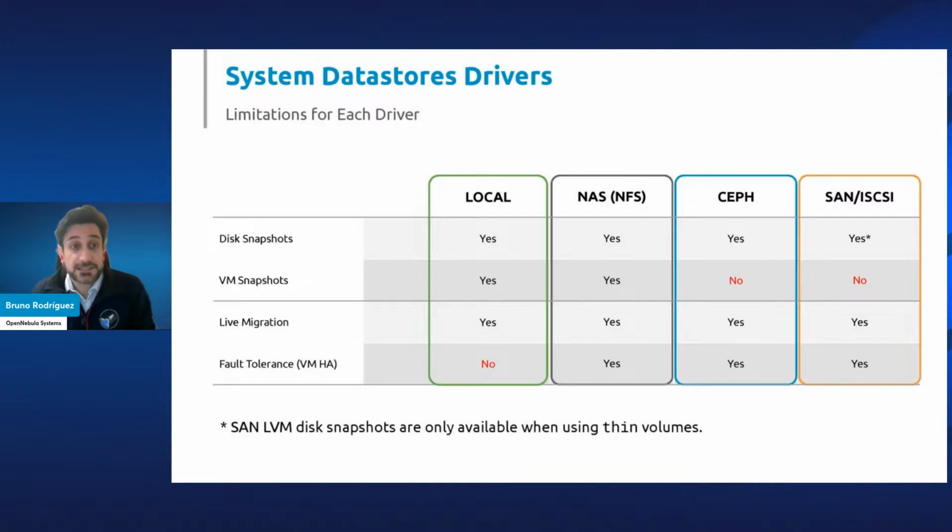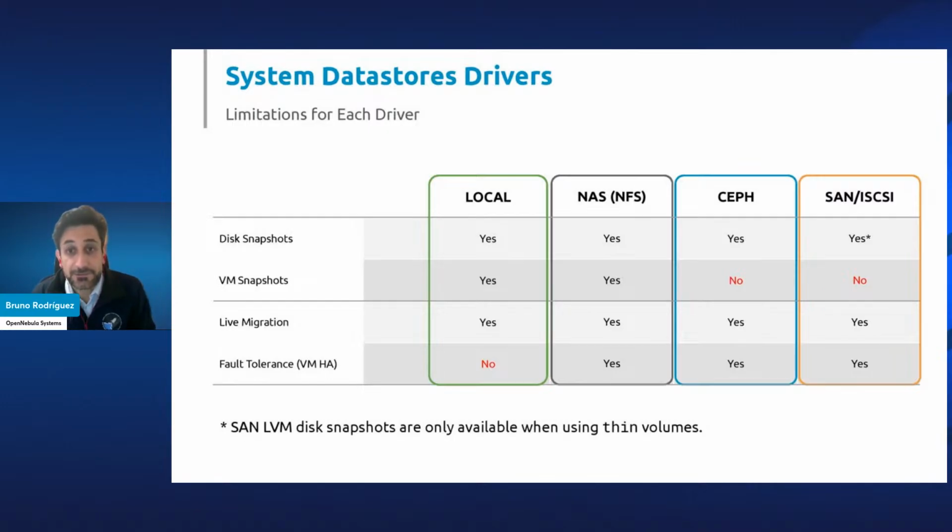With NFS, everything is supported. I would like to make a small distinction between disk snapshots and virtual machine snapshots. Virtual machine snapshots keep the memory as well, so you are going back to the whole state of the virtual machine. A disk snapshot is only a snapshot of the block device.